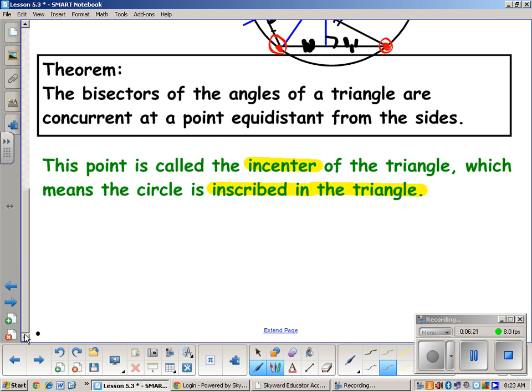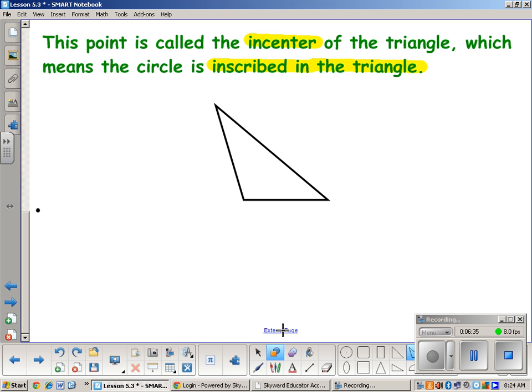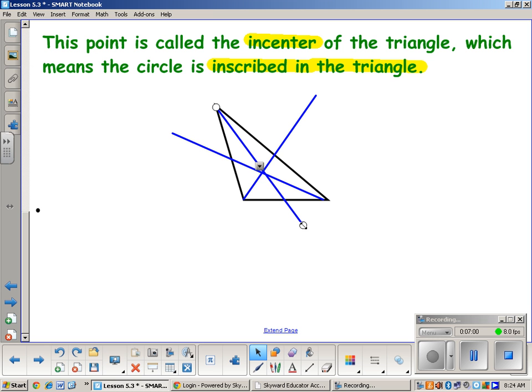Anyway, if we construct the angle bisectors, let's try this again. We'll take another triangle. And if I draw the angle bisectors now, I shouldn't have stopped that right at the side there.